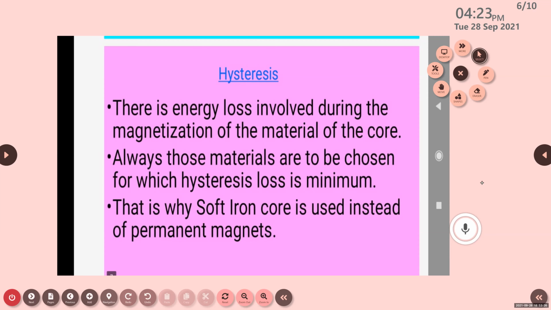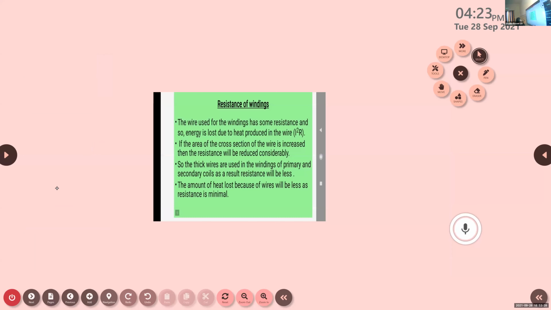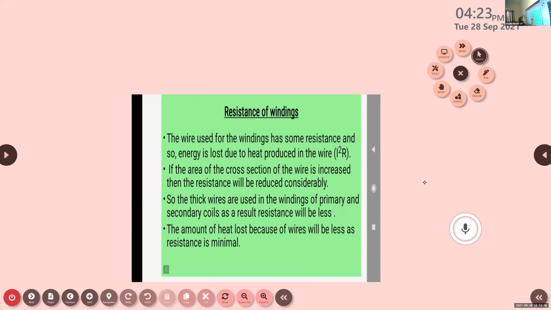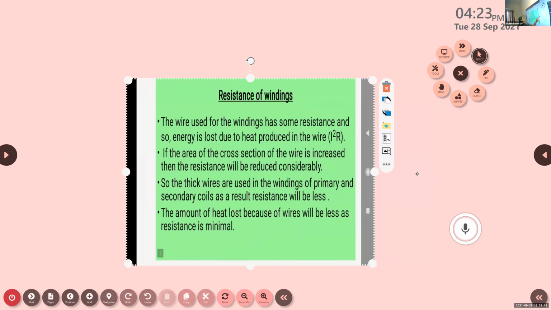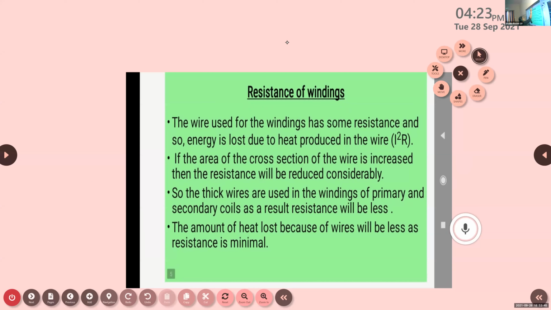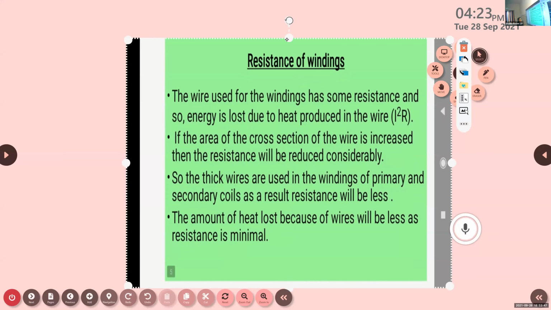Okay, ma'am. One more energy loss that occurs in transformers is the resistance of windings. We know that whenever the resistance increases, temperature also increases.